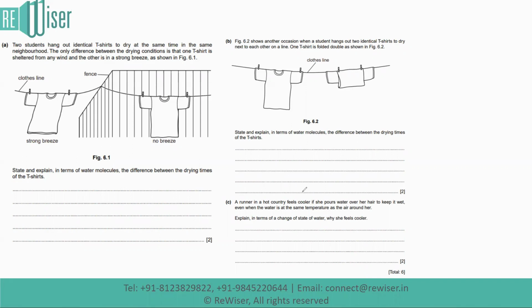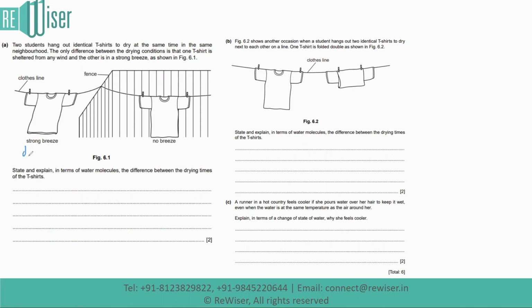Now we understand that the t-shirt that is subject to a strong breeze will dry much quicker, and the t-shirt that is subjected to no breeze will dry much slower.